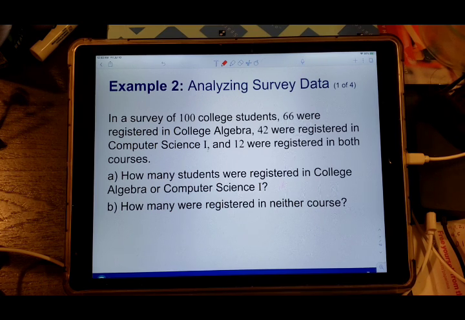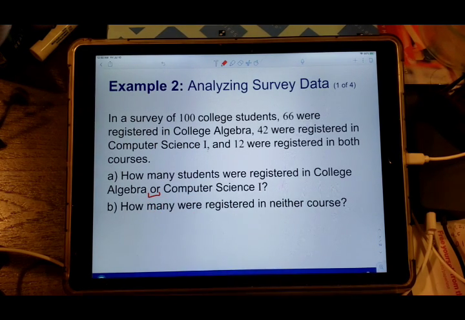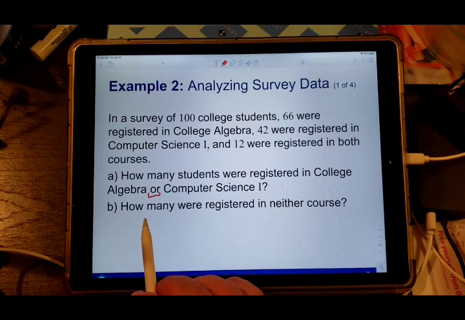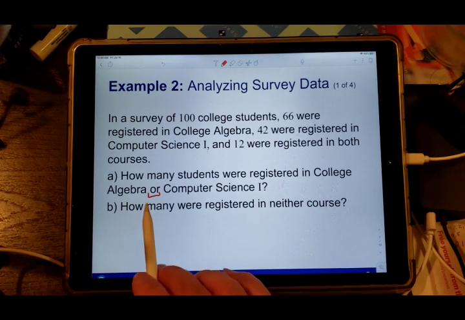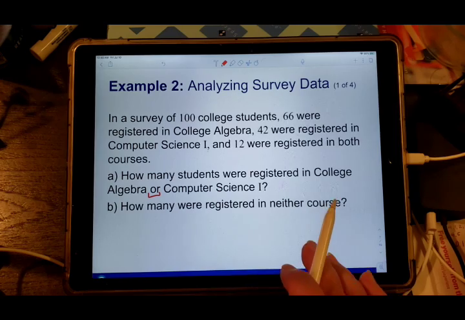How many students were registered in college algebra or computer science 1? This word "or" is a mathematical word, and so we want to use that language the way it's meant here. And then what else? How many were registered in neither course?